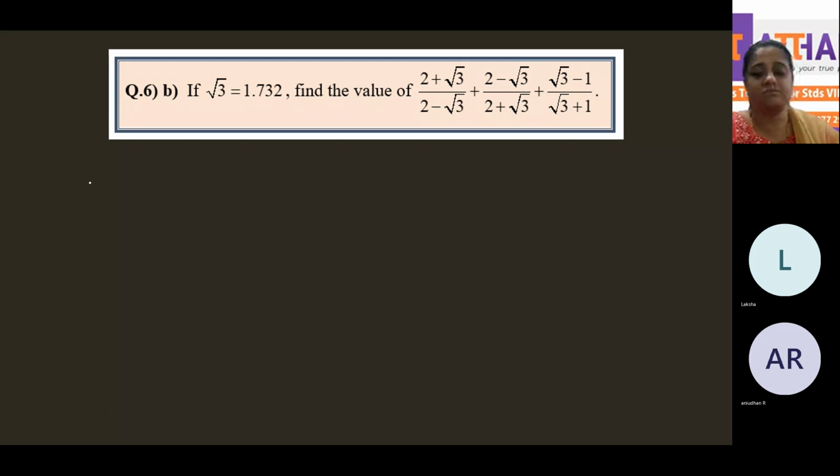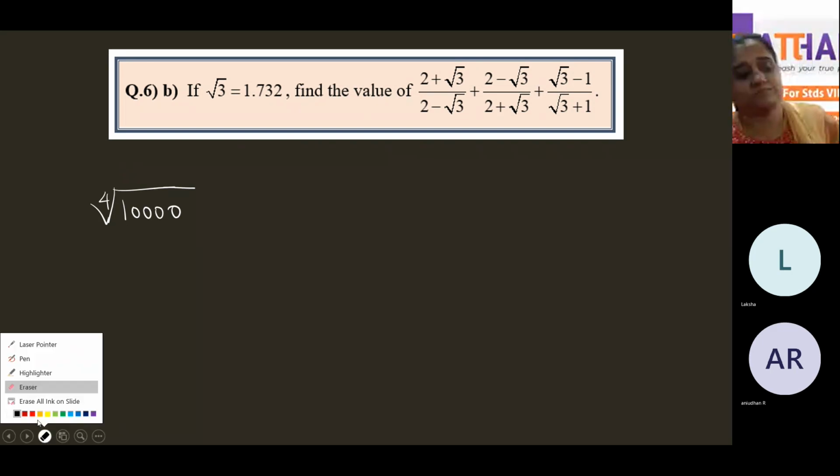Laksha, is this rational or irrational? Anirudhan, rational, irrational? Rational, ma'am. The fourth root of 10,000.